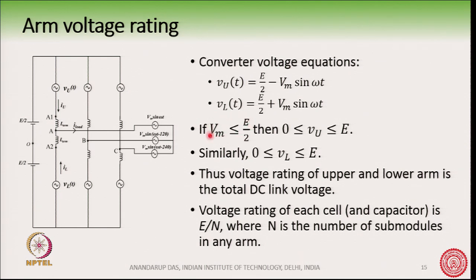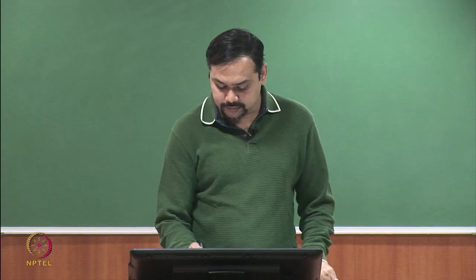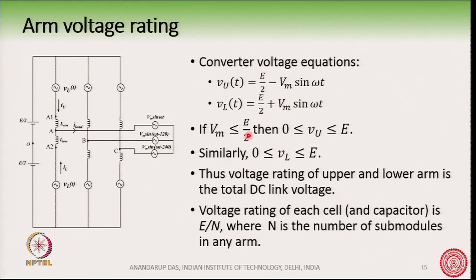So, if this is true and you substitute it here, you get E by 2 minus E by 2 sin omega t, and so we find that the Vu voltage is between 0 and E. In a similar fashion, we can also see that the lower side voltage is also between 0 and E, by substituting Vm as E by 2.